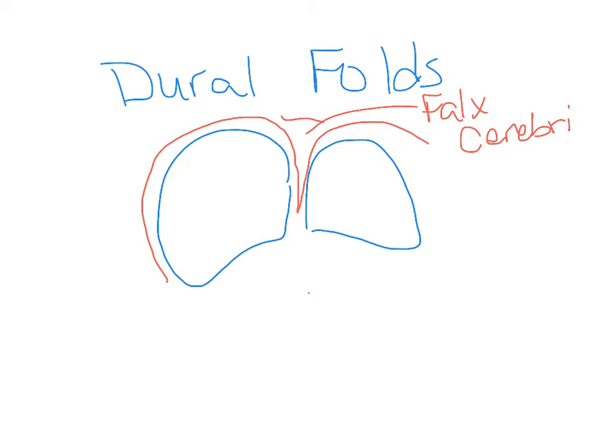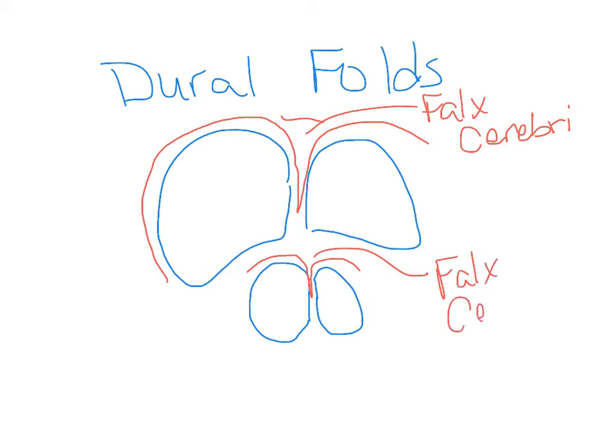Then we have the cerebellum, which is smaller, but it basically has two hemispheres as well. We have a smaller dural fold that fits in between those two, and we call that the falx cerebelli. Again, it just seat belts down the cerebellum.